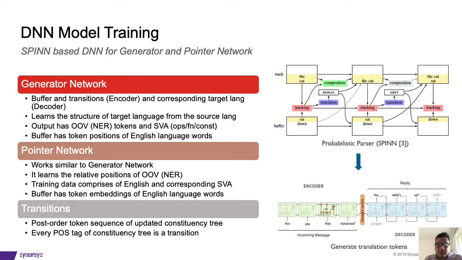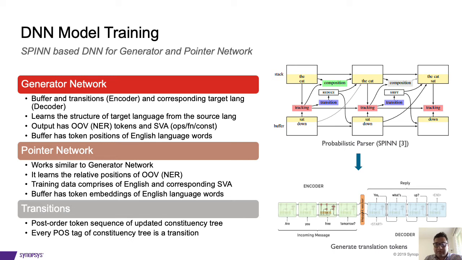Now the pointer network works very similar to the generator network. However, it learns the relative positions of the OOV NER tokens from the training data set that are replaced by the decoder language tokens. And the training data comprises both English and corresponding SVA language tokens.